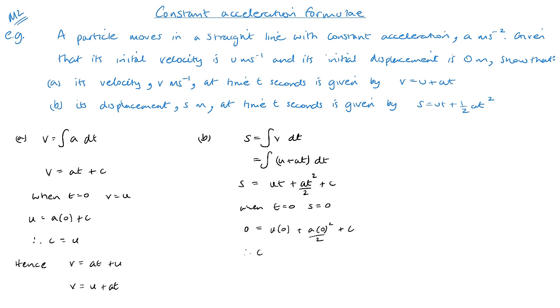So therefore c is equal to 0. So hence s equals ut plus a half at squared. And there we have the second formula via calculus.